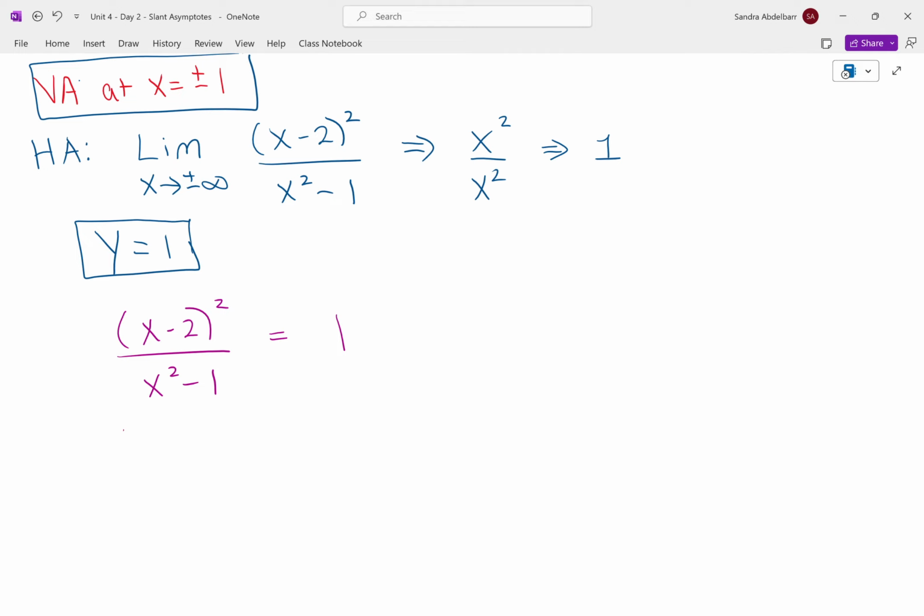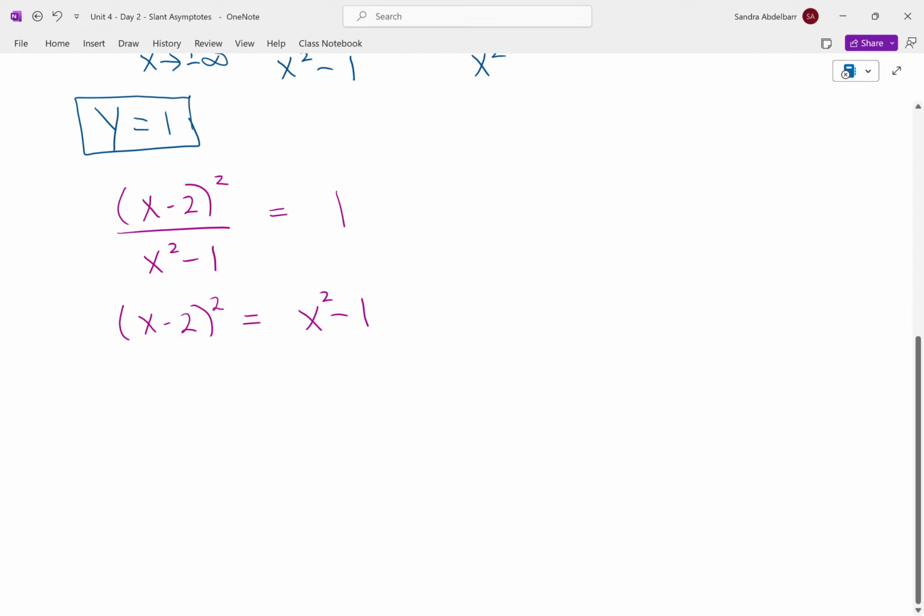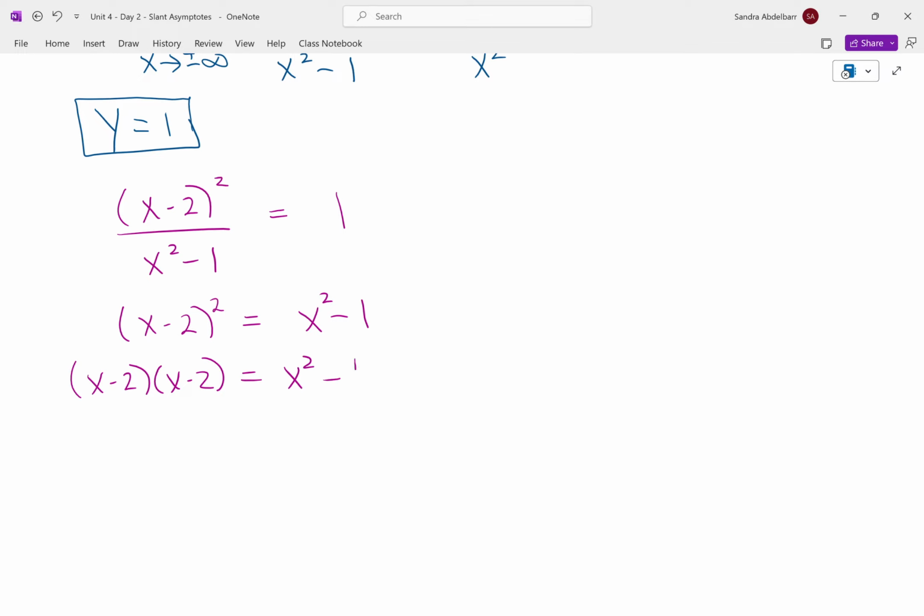So what I'm going to do is cross multiply. So I get x minus 2 quantity squared equals x squared minus 1. In order to solve for x, I need to FOIL out that left side. I need to multiply it out. And when I multiply this out, we are going to get x squared minus 4x plus 4 equals x squared minus 1.